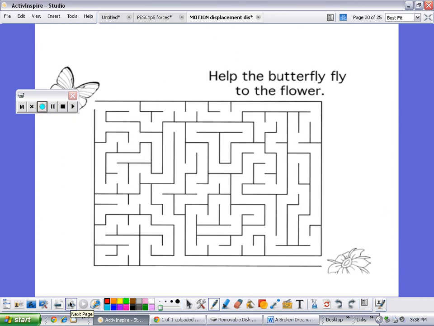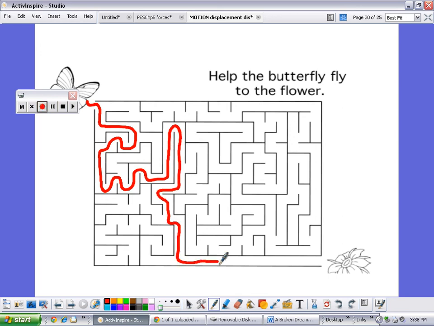A maze is a good example to show you displacement and distance. So if we help our butterfly find his way to the flower, we usually draw one line. Now we can take this and make it solid lines, and this would be a vector, and this would be a vector.